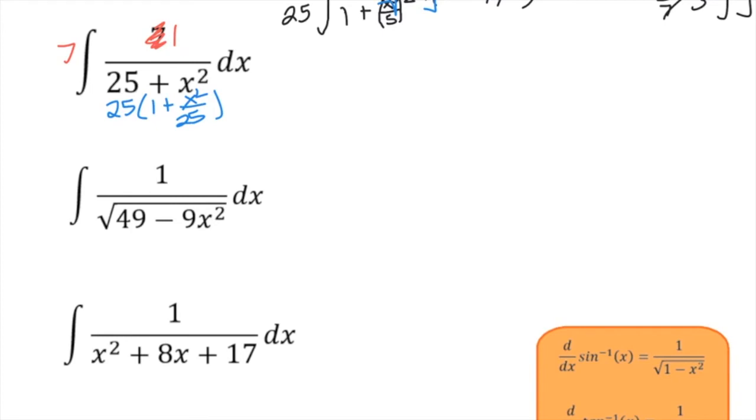If you'll remember, completing the square really focuses on this, and we could just deal with the constant as we need to. So I'm going to write below this, x squared plus 8x plus blank, and plus 17 minus blank. Let me explain.